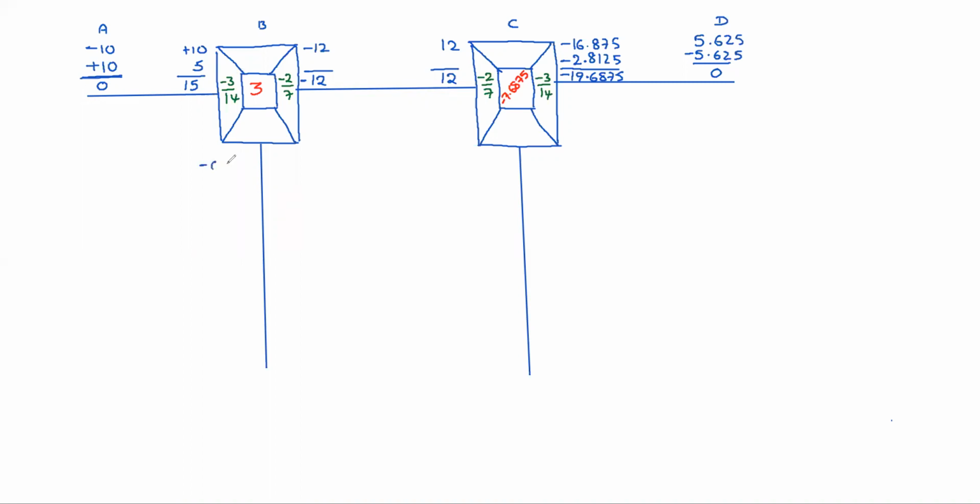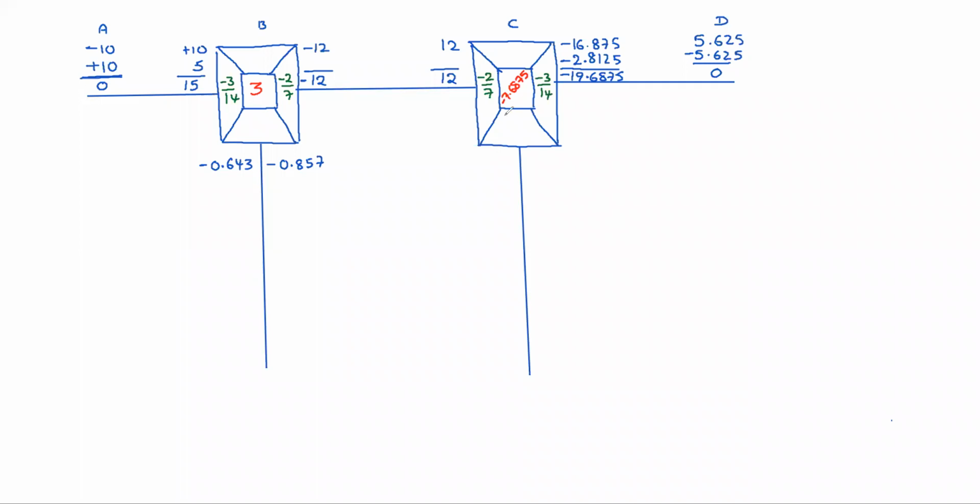Similarly, for BC span, minus 2 by 7 into 3, because there is no foreign contribution initially. That is minus 0.857.